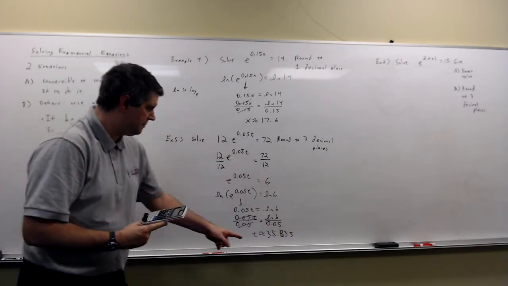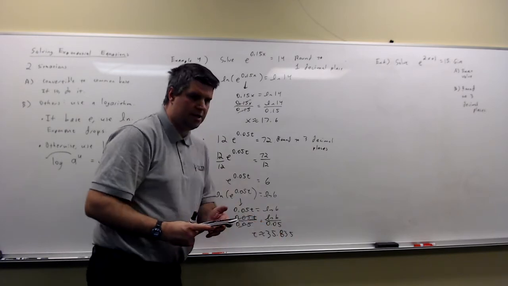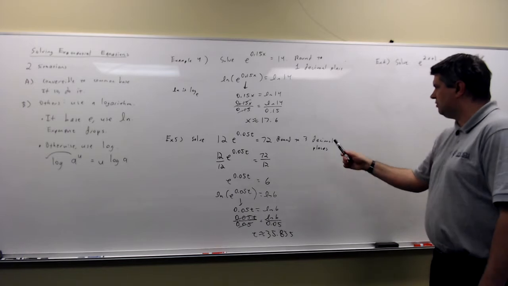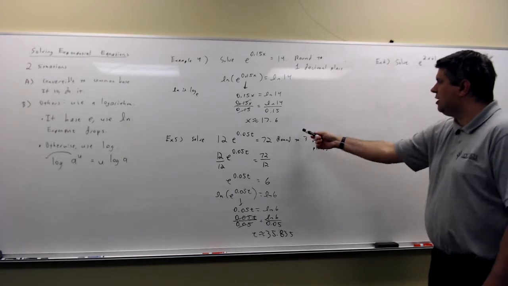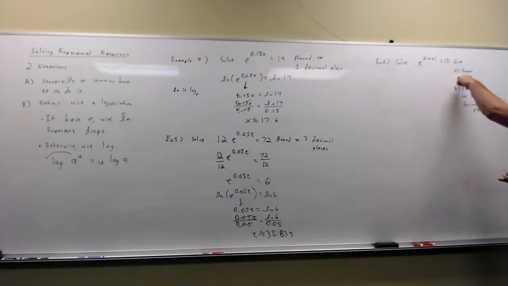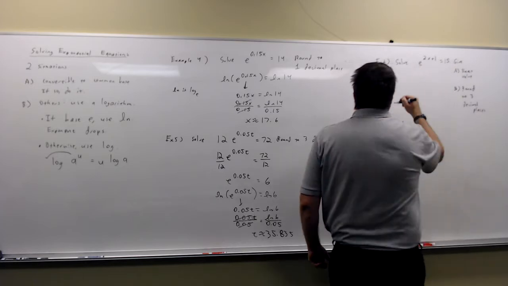Okay. Neither one of these two problems asks for the exact value. It wanted us to round to a certain number of decimal places. This problem, we are going to give an exact value and a rounded value. Okay?